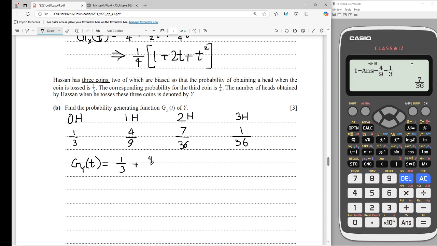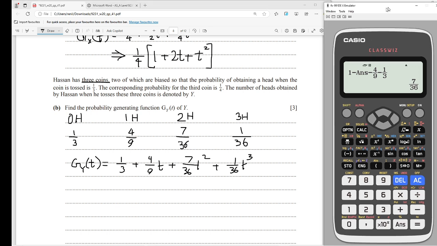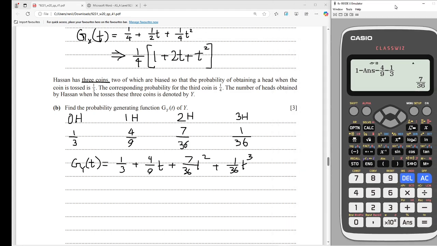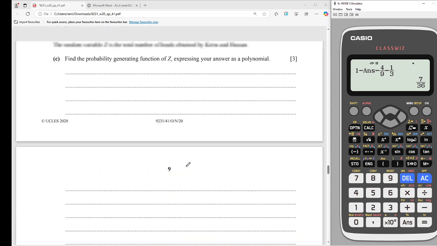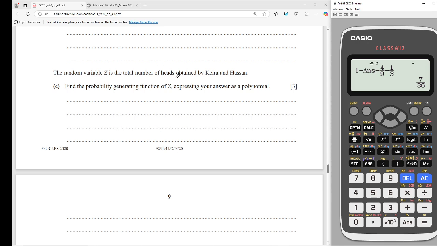This will be 4/9 multiplied by t to the power 1, which is just t, plus 7/36 t squared plus 1/36 t cubed. And that is our gy(t) function.